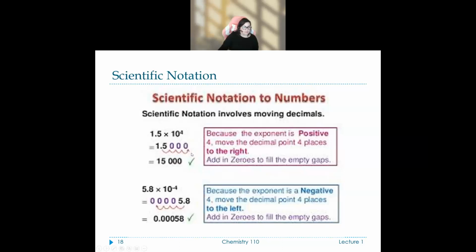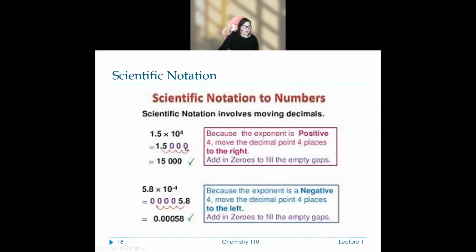That does not include the significant digits, because if I was looking at this in terms of sig figs, those zeros out here would be part of that. Actually, oops. This is an example going from scientific notation to the actual number.